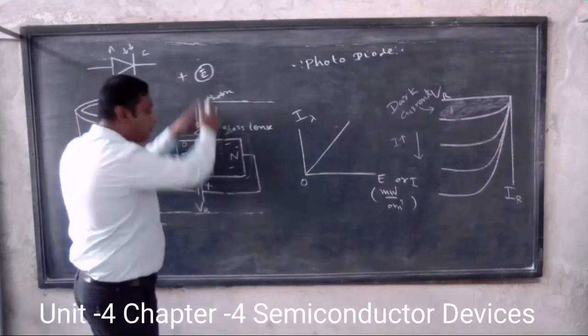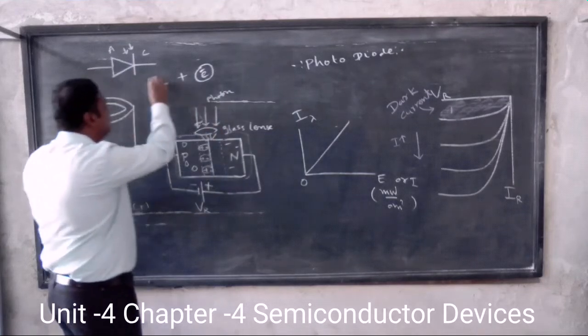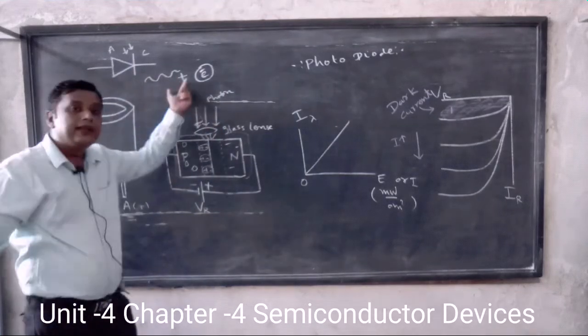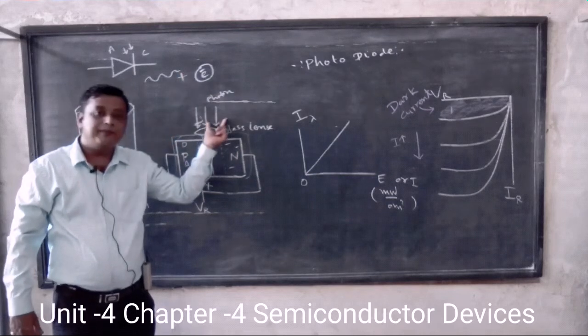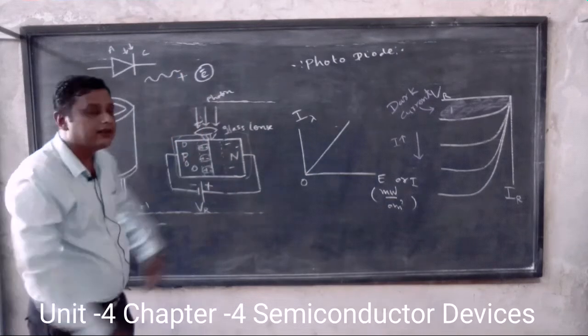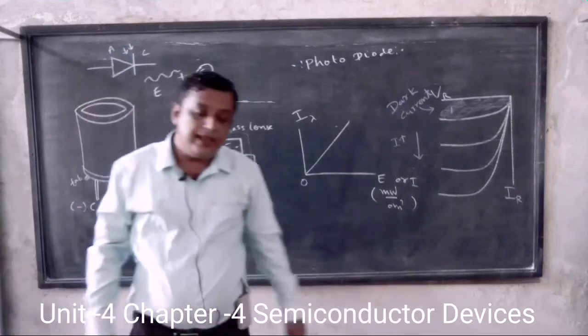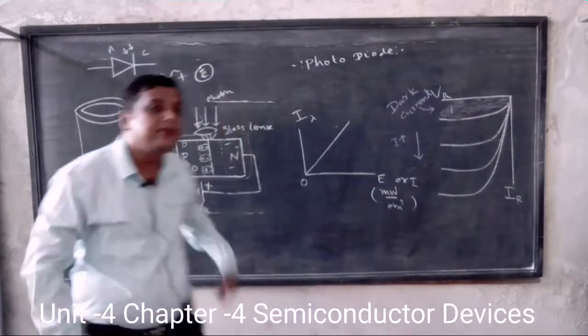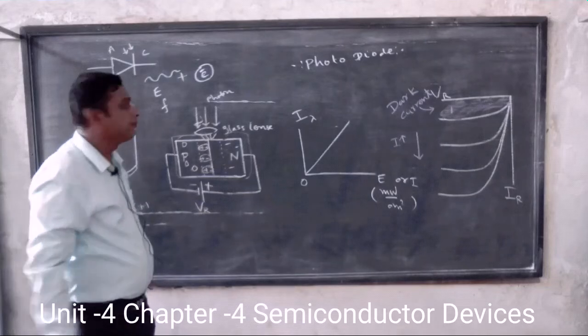This is an electron hole pair, and now I am drawing a light. So this is a light. This light is falling onto the depletion barrier region, having energy E. Frequency of the incident light is F.